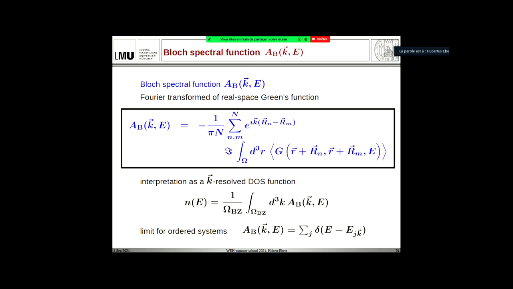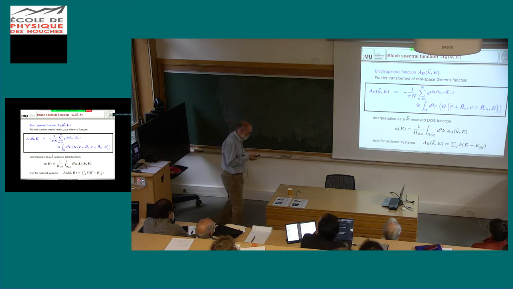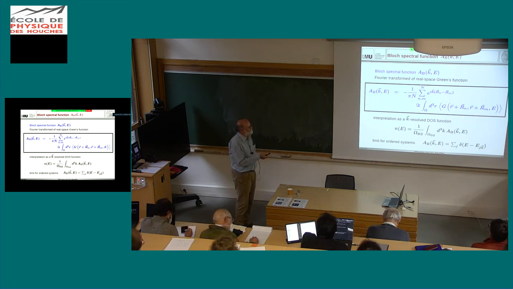Now, what does it mean in practice, all that machinery? What we can do is, as we started from, namely that we look at the most detailed description of the electronic structure in terms of a dispersion relation, we can introduce here a quantity that is called the Bloch spectral function, and this is essentially the Fourier transform of the Green's function.